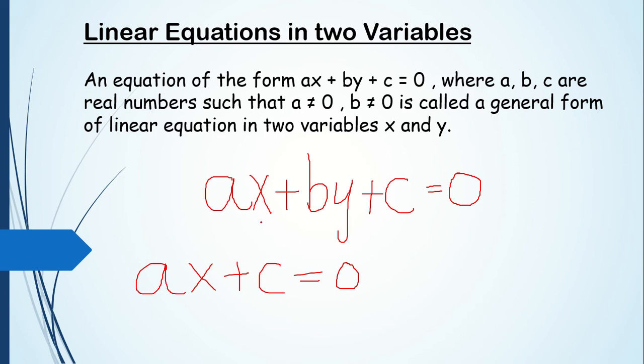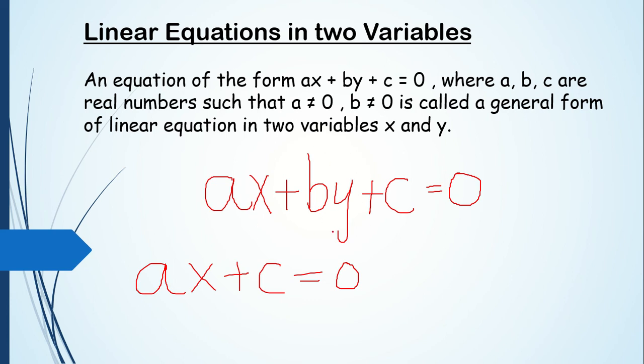So for linear equations in two variables, there are two things. First is the degree or the power of the variable, which should be 1 only. And the coefficients a and b should not be 0, because if a is 0, the x term will become 0, and if b is 0, the y term will become 0.